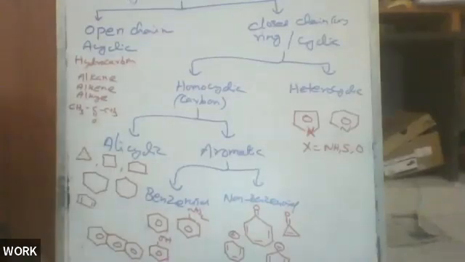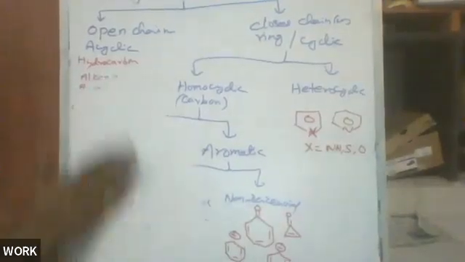So in the compound, the part responsible for the chemical reaction is known as functional group. What are the functional groups available in organic compounds? We'll see many functional groups.